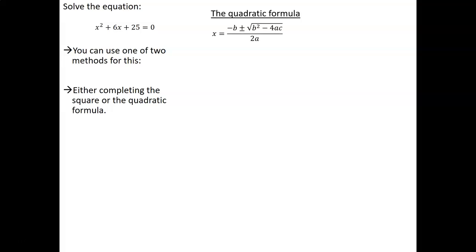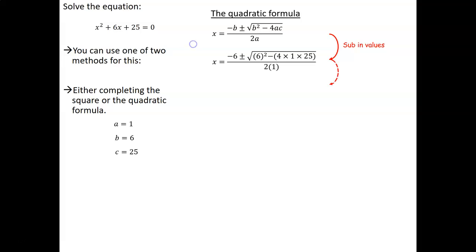So this is our formula. Our a is 1, b is 6, c is 25. Be careful with negatives. We don't have any negatives here, but you might do. So substitute the values in. Calculate the discriminant.